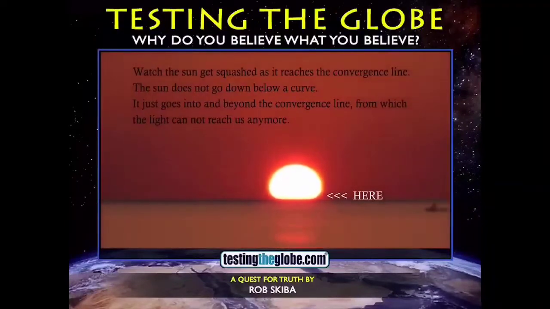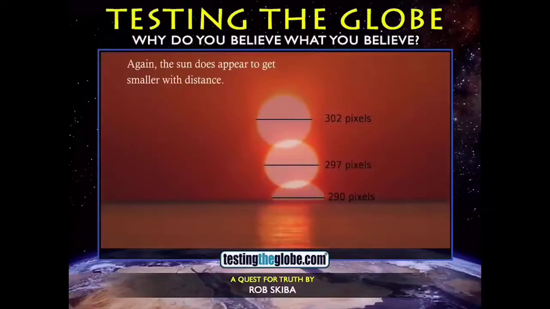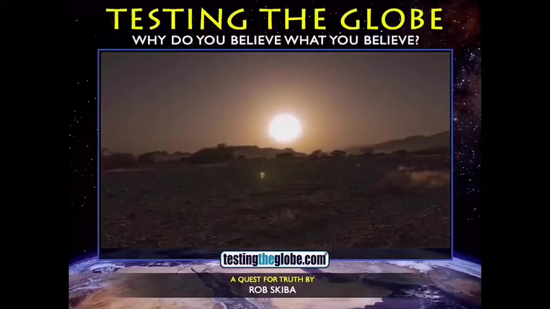In some cases it gets a lot smaller. In this case from 302 pixels to 290. And then of course there's this video right here, which apparently was shot in the desert, where there's going to be a lot less moisture, and whenever there's less moisture you're going to obviously have less refraction and magnification.